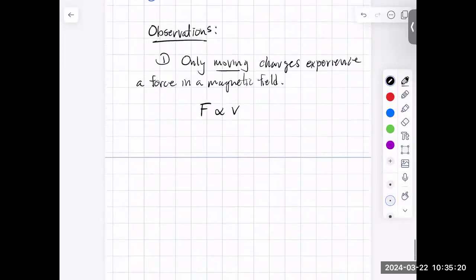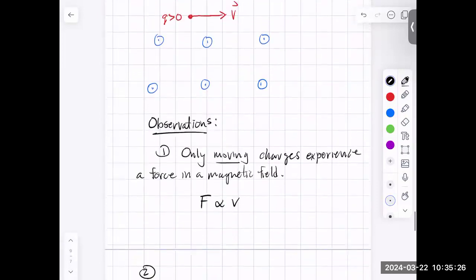Okay. Observation 2. Now what we're going to do is we're going to keep the magnetic field the same, and we'll keep the velocity the same, but we'll fire charges of different values of Q. So if we double Q, the force is twice as big. If we cut Q in half, the force gets cut in half.